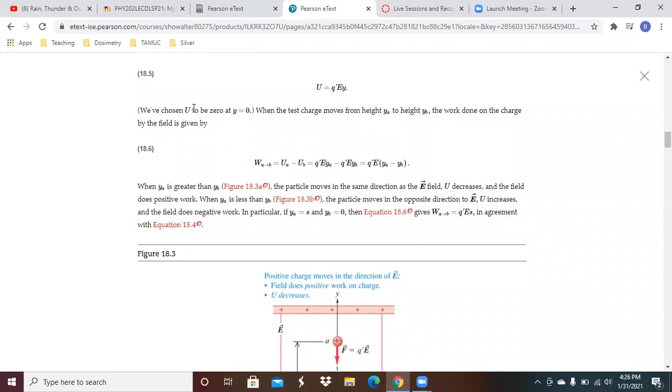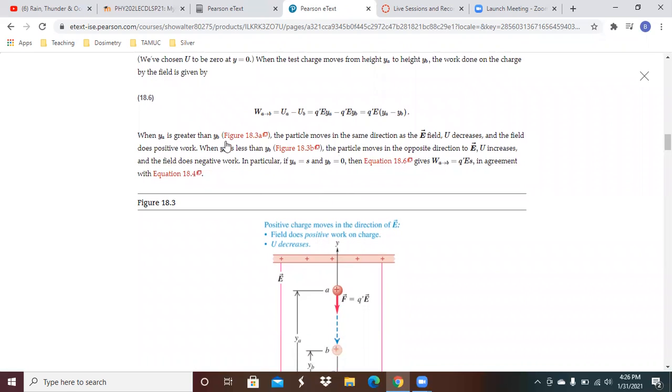Now, here we've chosen U to be 0 at y equal to 0, and when the test charge moves from y sub a to y sub b, the work done on the charge by the field is going to be given by this. So you can see the work being the change in the potential energy from A to B, and you can see the formulas written here, and you can see it condensed here.